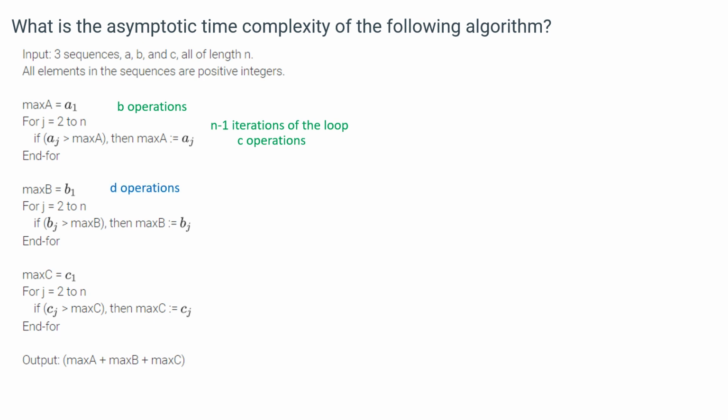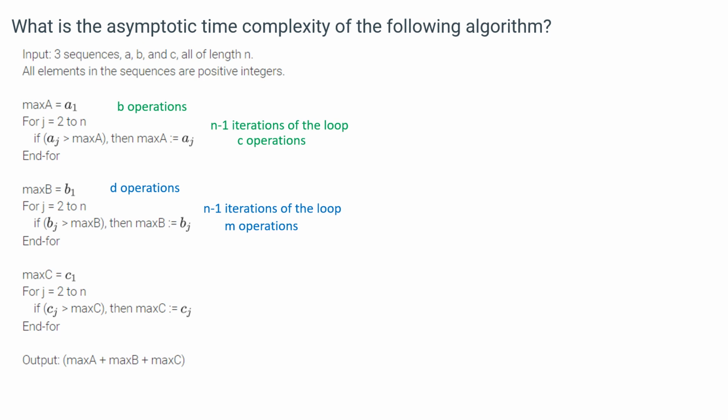Then down here, D operations. We're just coming up with letters to use for these constants. Another loop that has n minus 1 iterations. And inside there, let's just say there's M operations. I'm not sure how they got, why we went B, C, D, and now all of a sudden M, but that's what's there.